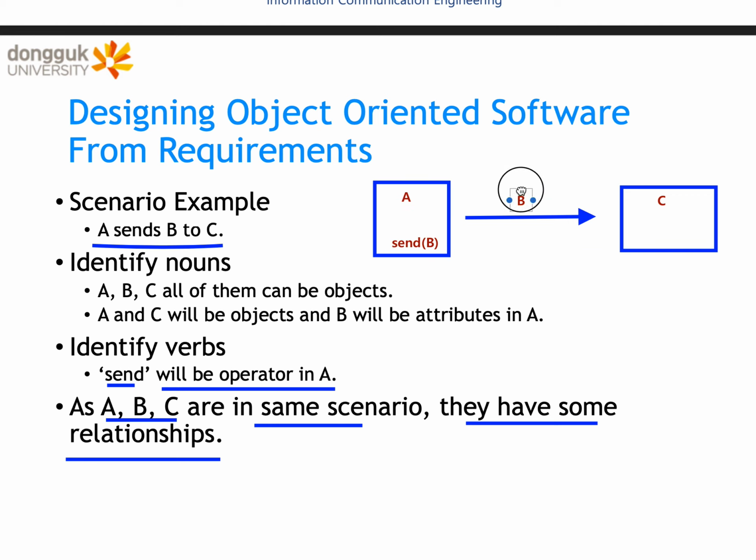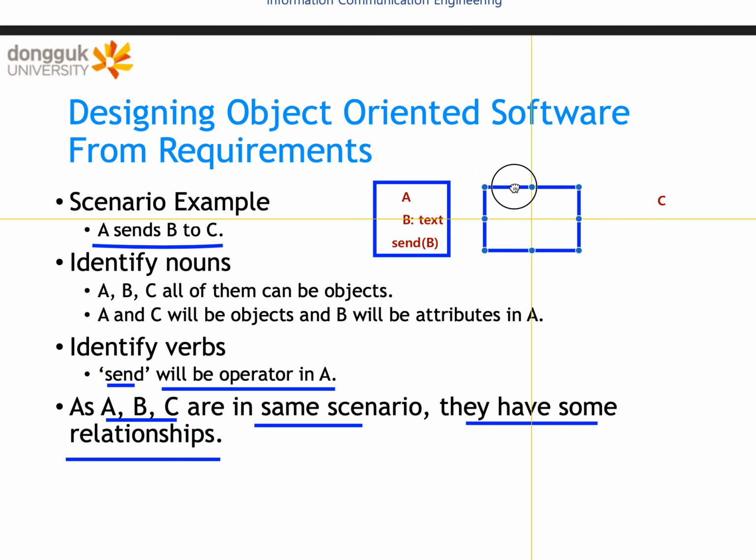B will be something like text or an integer. That is how to make one class.